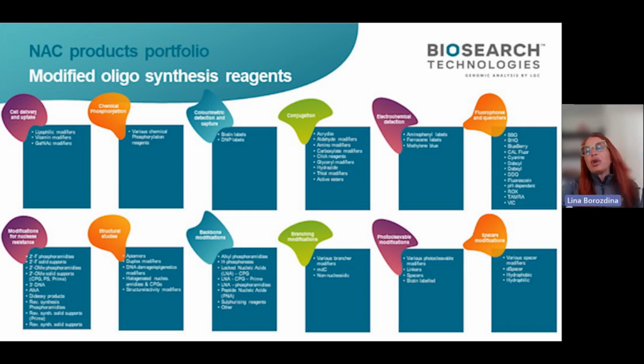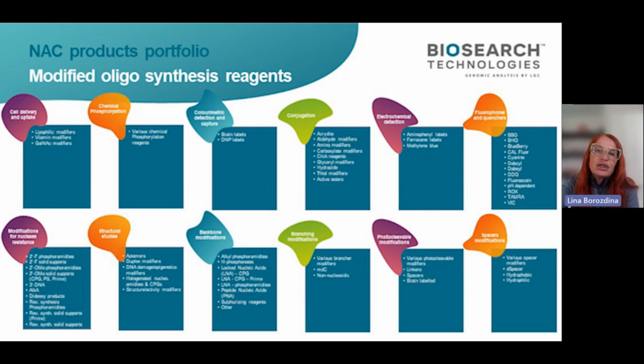So the NAC product portfolio, as you can see, has multiple applications using phosphoramidite chemistry. For example, for cell delivery and uptake there are lipophilic modifiers, vitamin modifiers like vitamin E, and GalNAc modifiers. What they do is actually help the molecule to be delivered into the system.